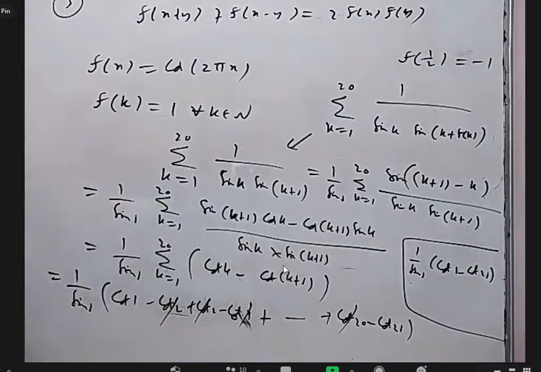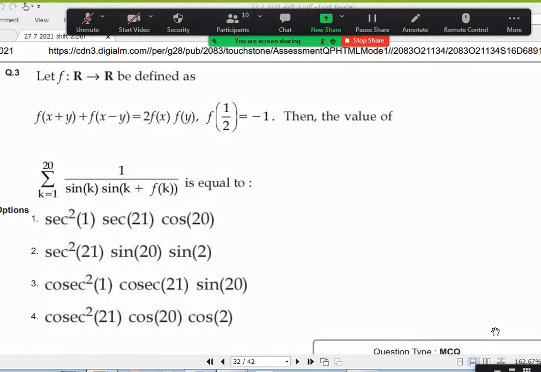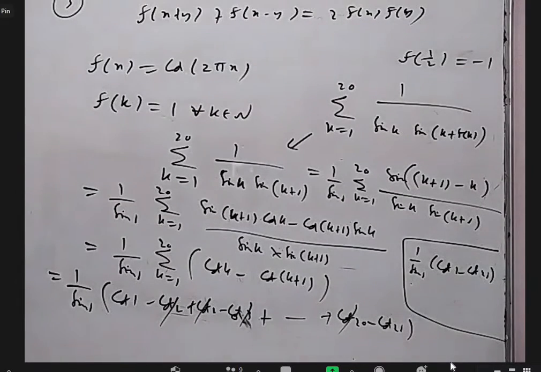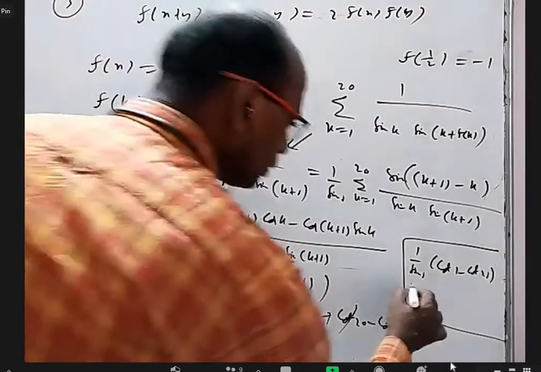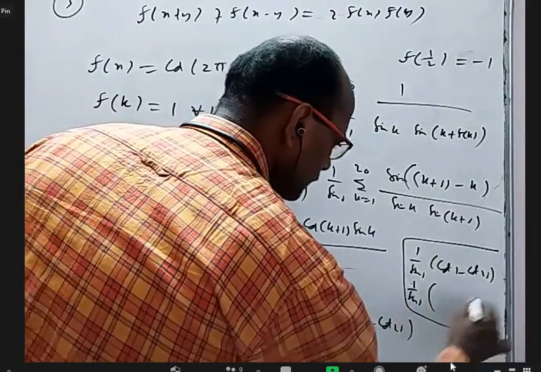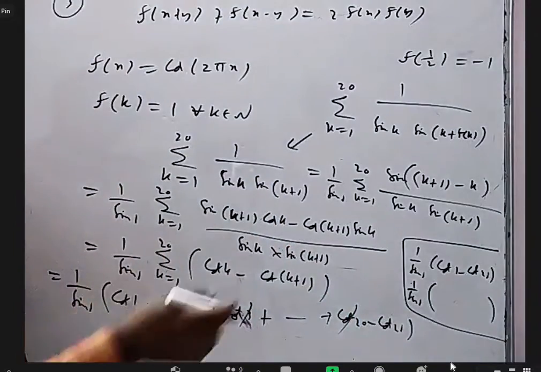If required, I can write cos by sin and simplify there. I have to just look at the answer what they give. Okay, they want us to simplify further. So 1 by sin 1, this will write cos by sin, take LCM.